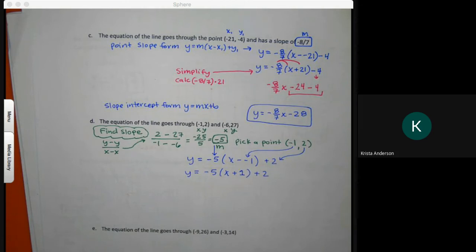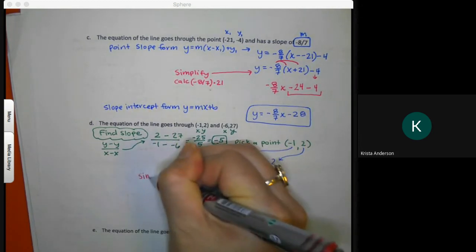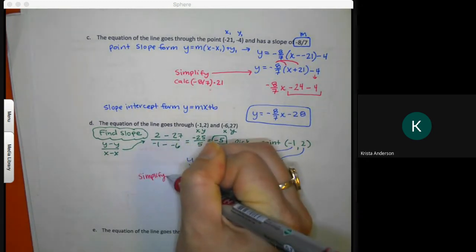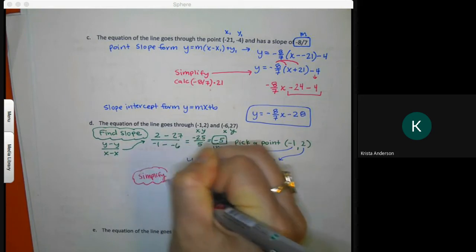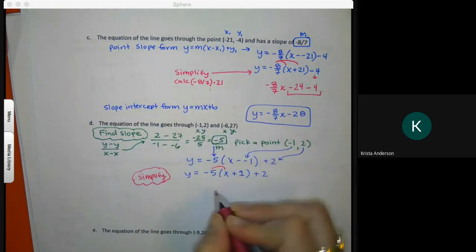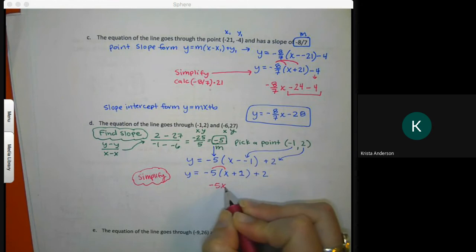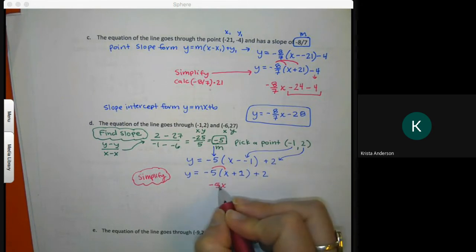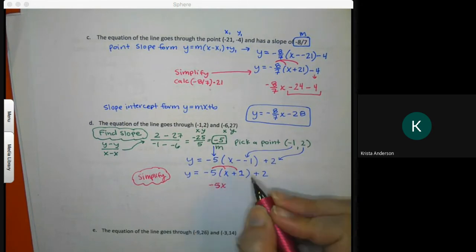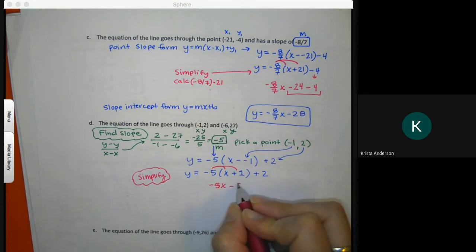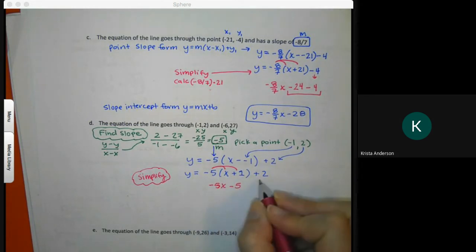This is not in slope-intercept form. I need to fix it. -5 times x is -5x. -5 times 1 is -5. And this little +2 is just hanging out at the end.